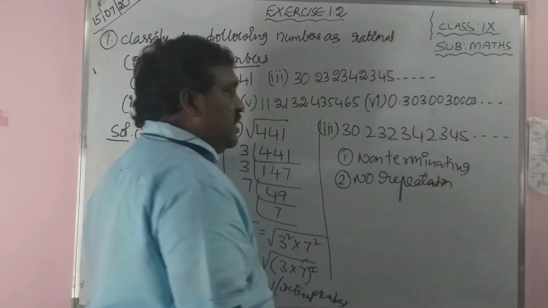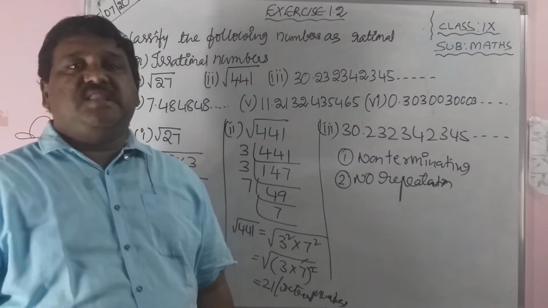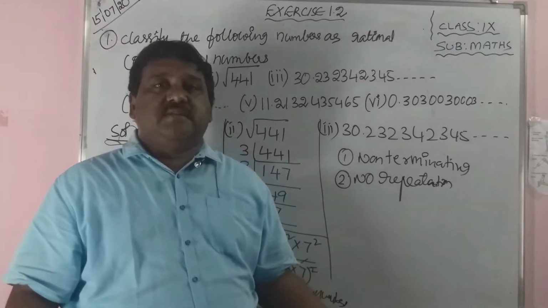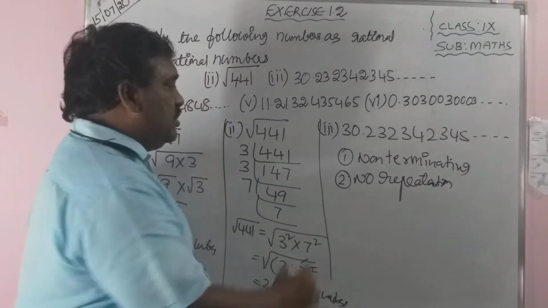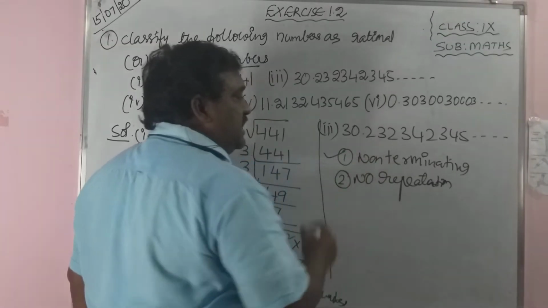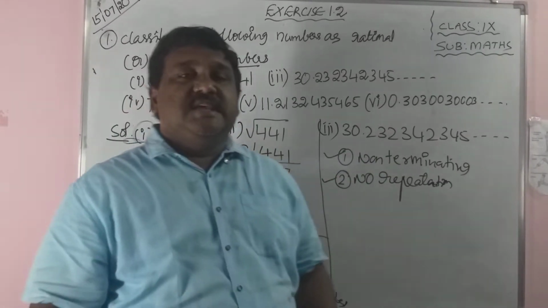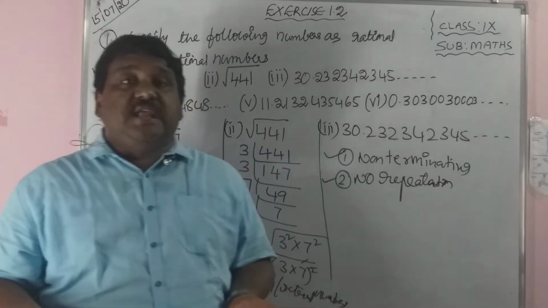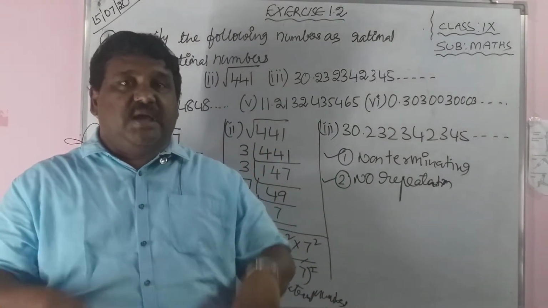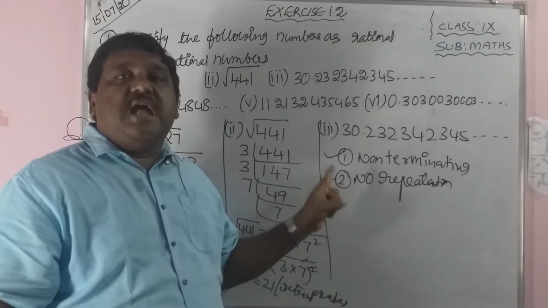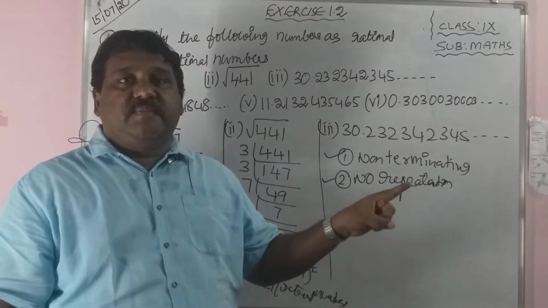Condition 1, non-terminating means there is no ending. Second one, no repetition. Okay? So it is a non-terminating, non-repeating decimal.